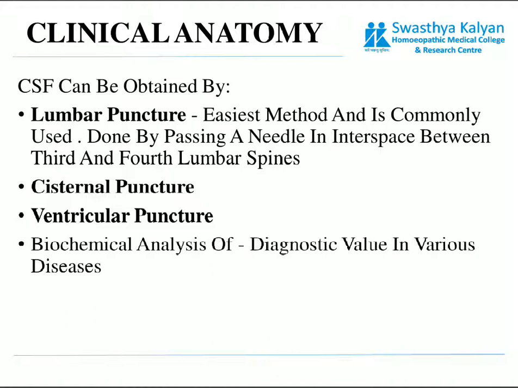So how to remove the CSF? There are three methods: from the ventricles, that is ventricular puncture; from the cisterns, that is cisternal puncture; and the most common, easiest and most preferred method is the lumbar puncture, where a needle is inserted into the space between the third and fourth lumbar spines, that is between L3 and L4. The needle is passed and CSF is extracted from there.